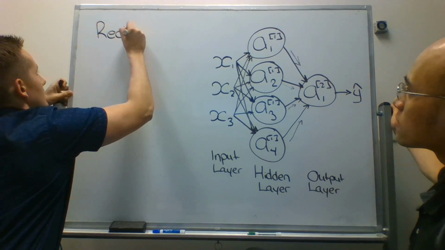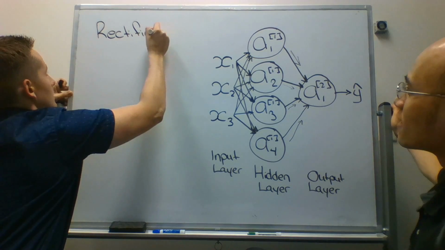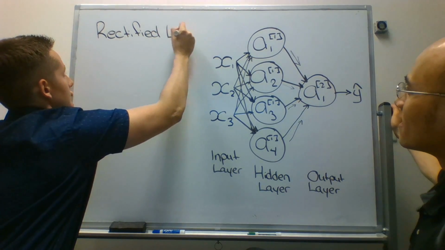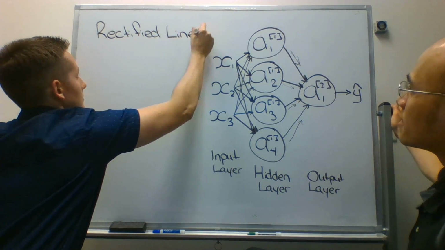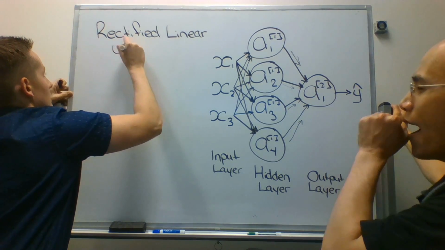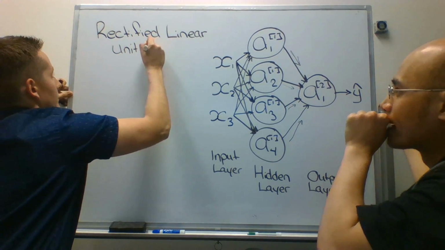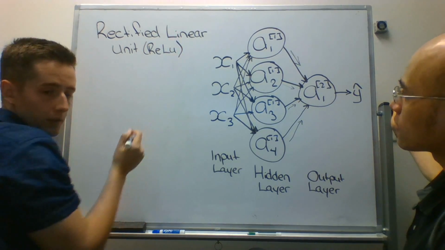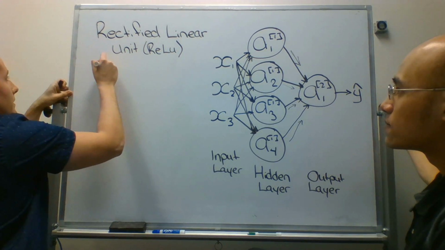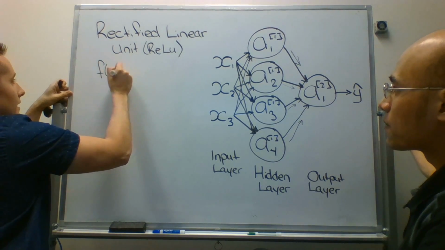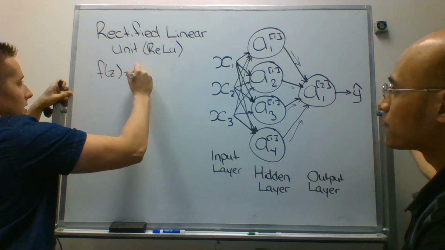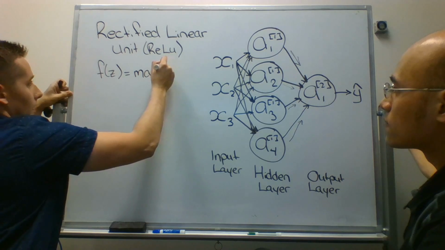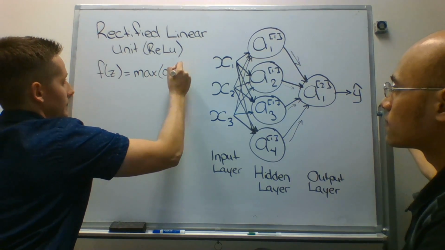So this function is the rectified linear unit, or ReLU. The function here is f of z equals the maximum of 0, z.